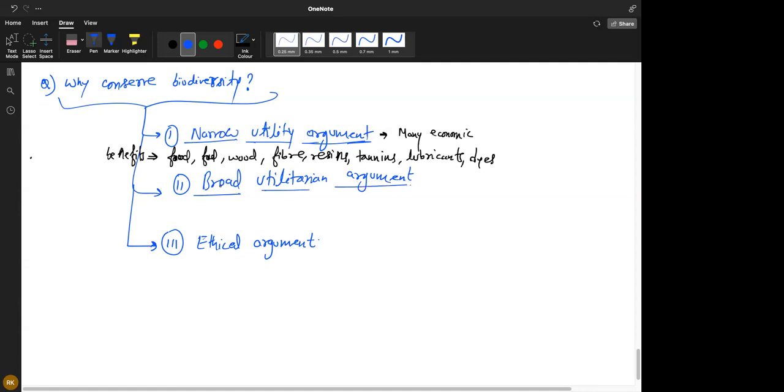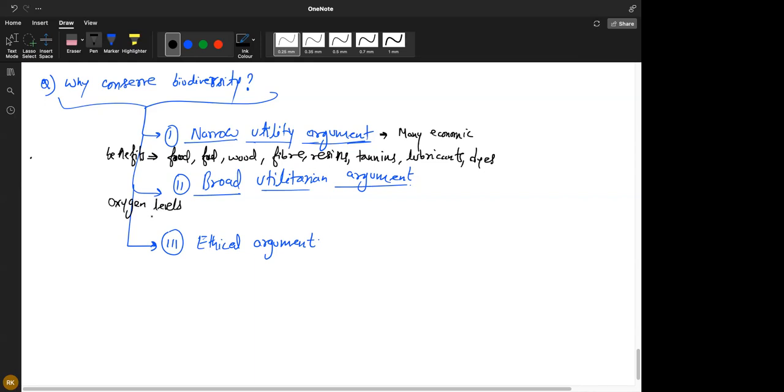For example, in the broad utilitarian argument come things for which you have to conserve biodiversity, because nature also provides us with major ecosystem services, which there are no alternatives of as yet. First is the oxygen level on the planet, right?